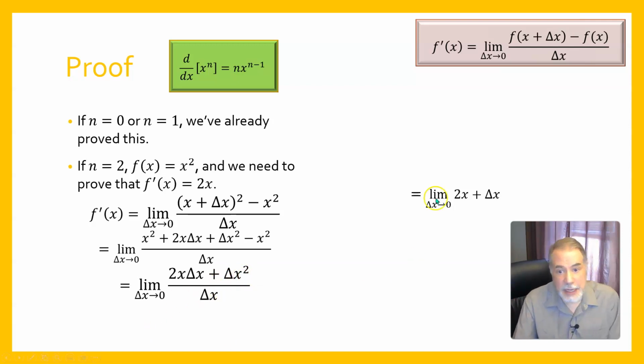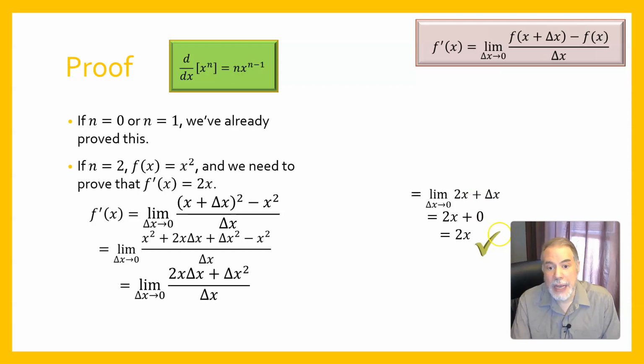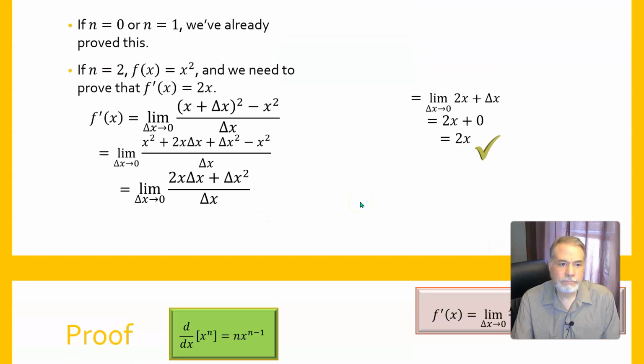If you divide that by delta x, you still have delta x remaining. And now we can go ahead and let delta x go to 0. So the limit of 2x plus delta x as delta x approaches 0 is 2x plus 0, or just 2x. So that completes the case that if f of x is x squared, the derivative is 2x.